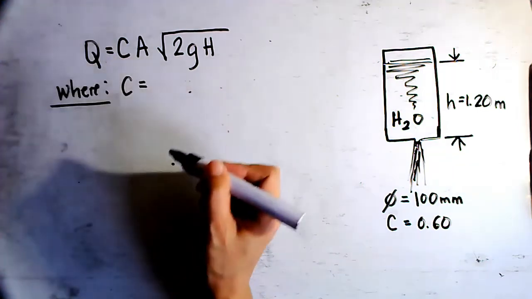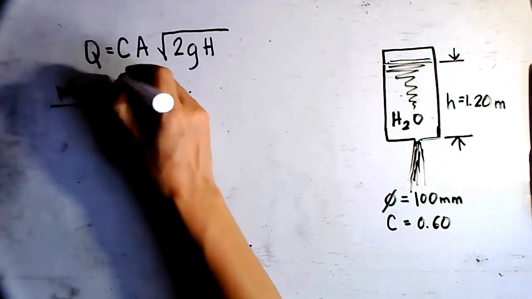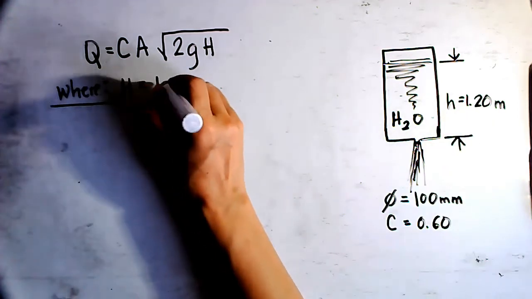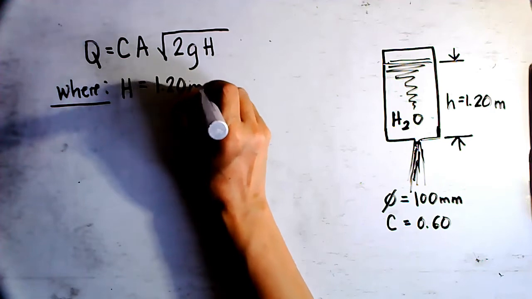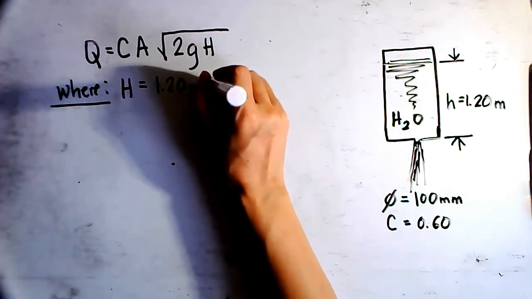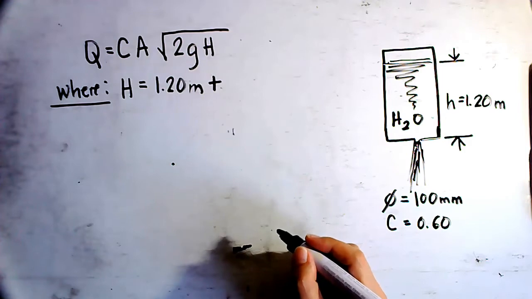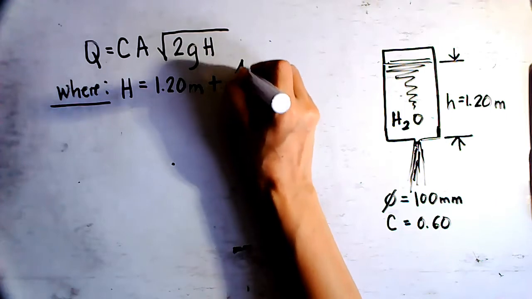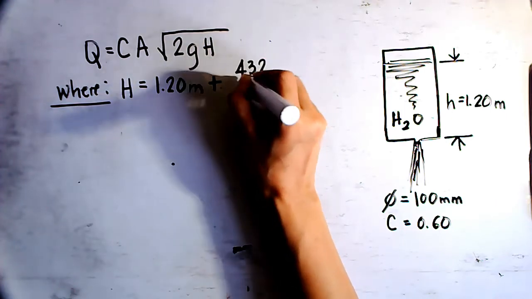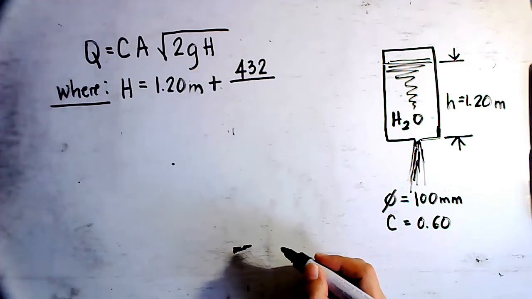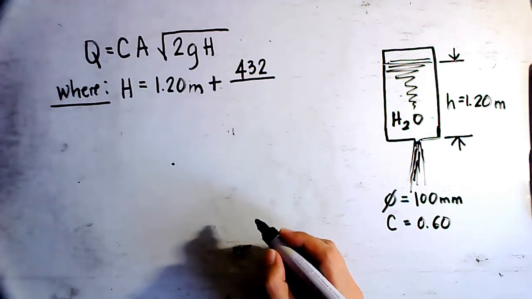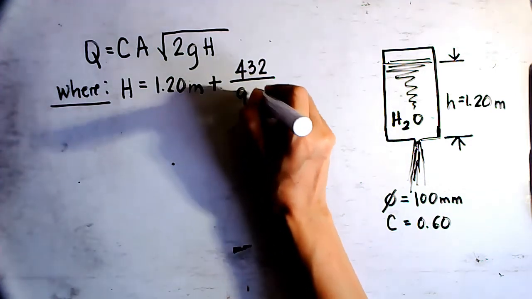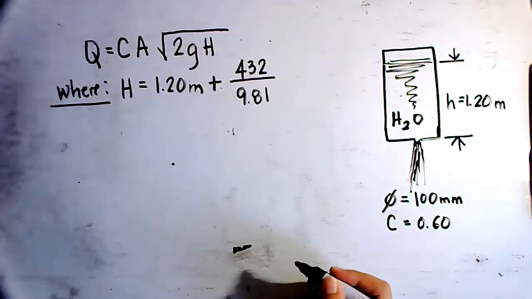According to the problem, the value of the pressure head, H, is constant at 1.2 meters. Plus, we are going to add the pressure head because there is an air pressure of 432 kilonewtons per square meter. So if we use that pressure head of the air, 432 kilonewtons per square meter, you divide it by 9.81.